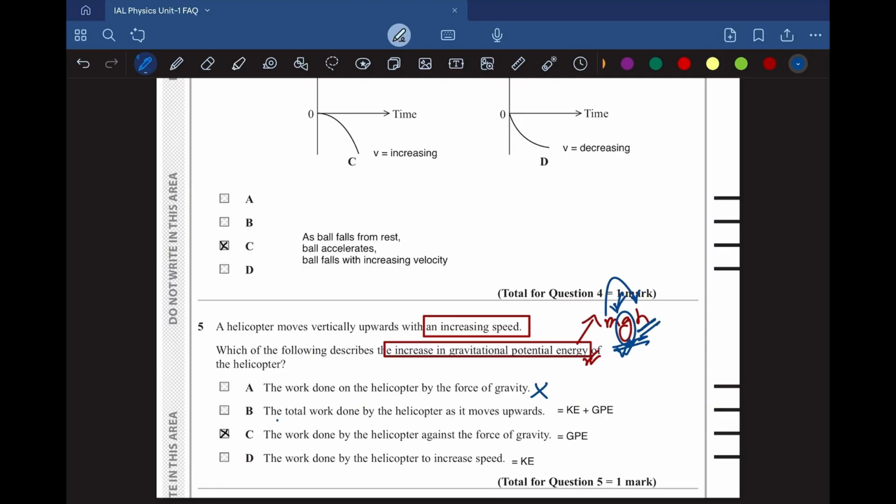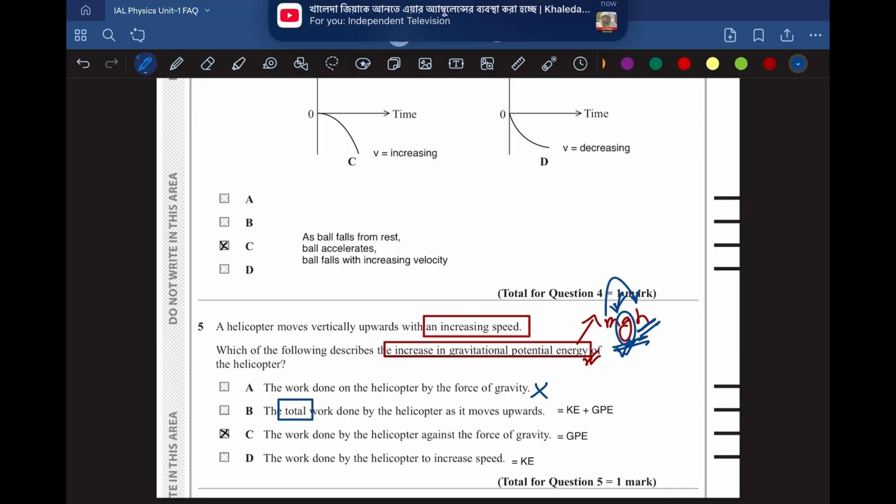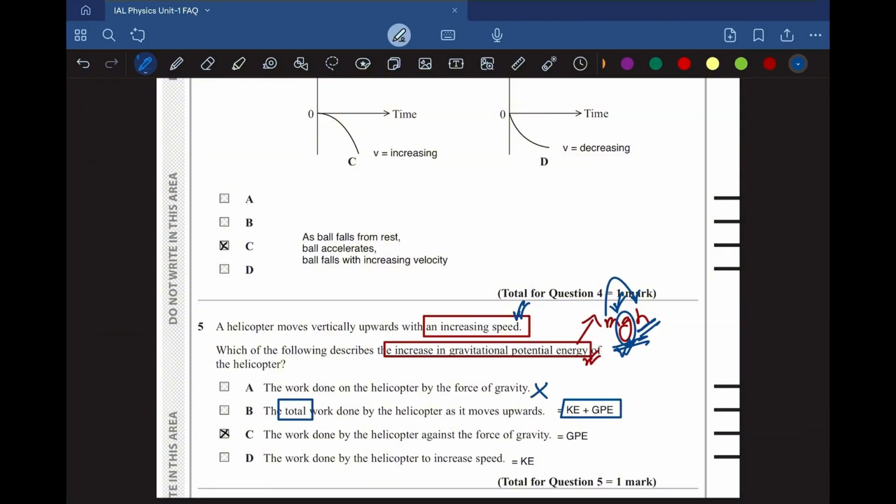But just this one word, total, is the reason why we cannot pick this as our answer, because it says the total work done, and while moving up it wasn't only gaining the gravitational potential energy, it was also gaining the kinetic energy as well because its speed was increasing. So the total work done was both the kinetic energy and the GPE. So that's why, as the question was saying GPE only, we cannot take this one.